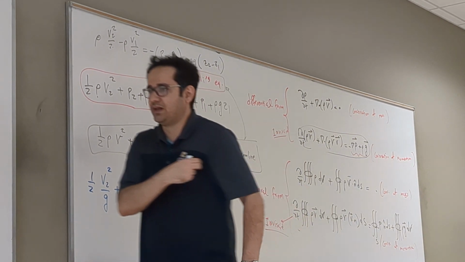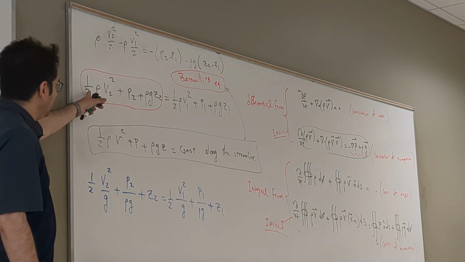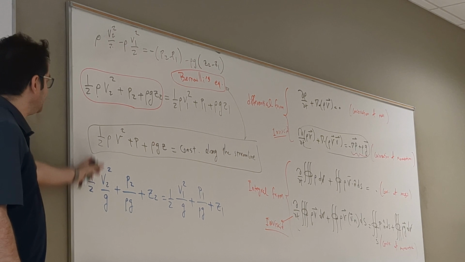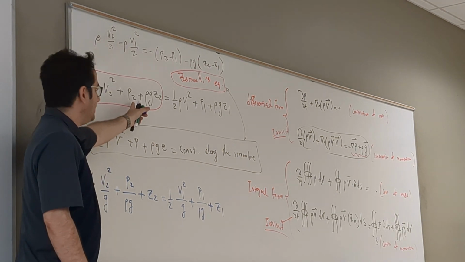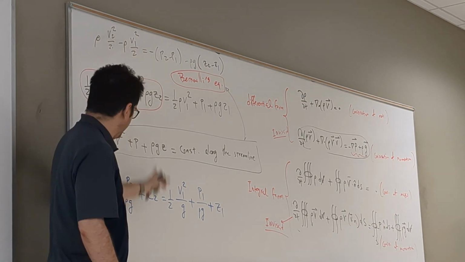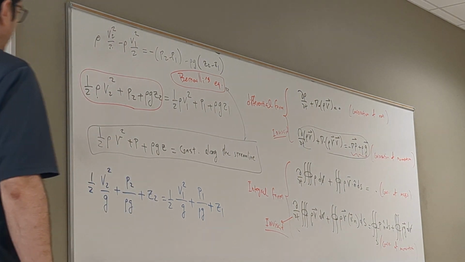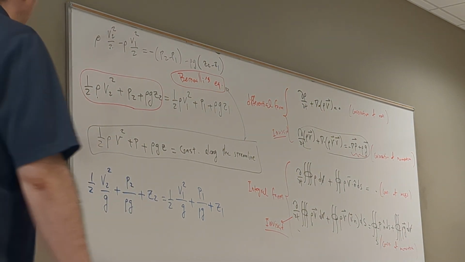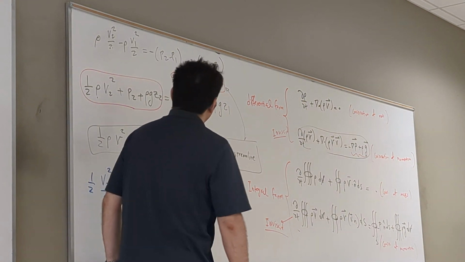Now, this is exactly the same equation, just divided by rho g. So you get rid of this rho.